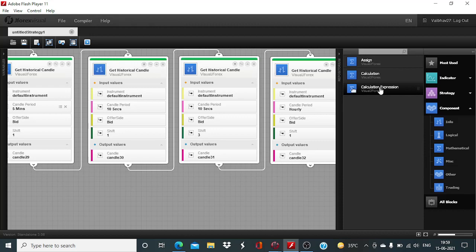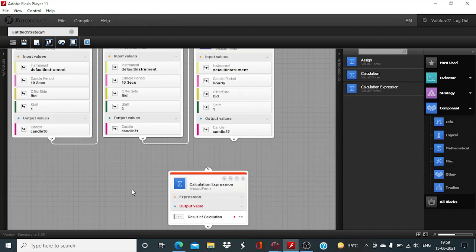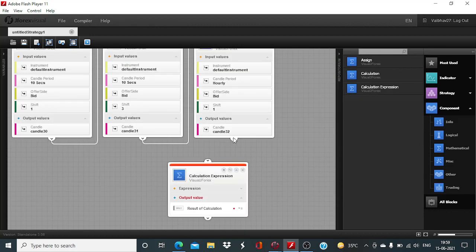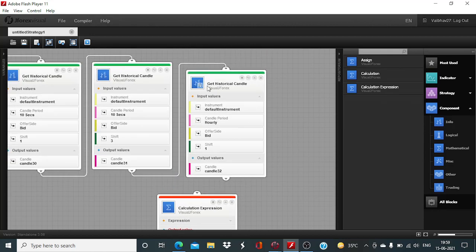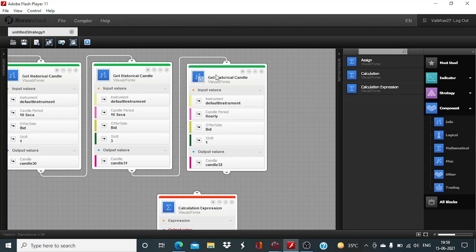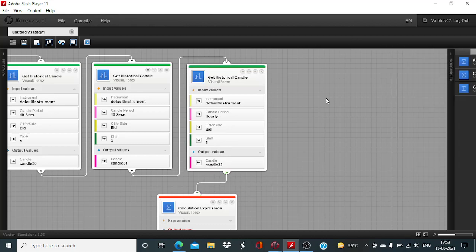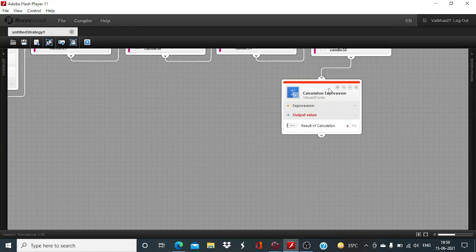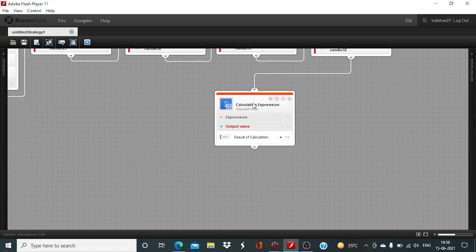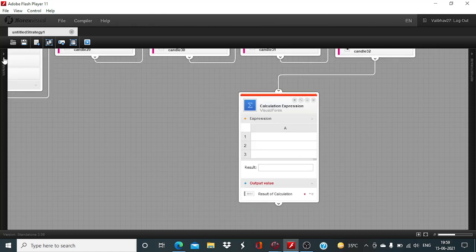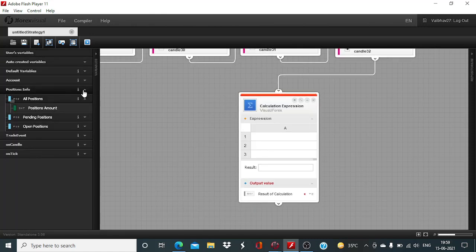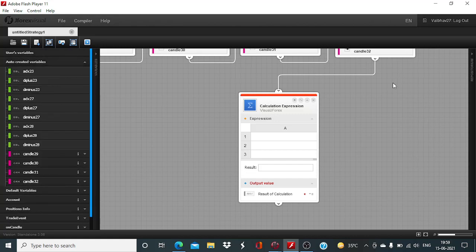After that all we need is to add 1 more mathematical calculation expression block, and consider candle 32's high and low difference. Auto created variable.